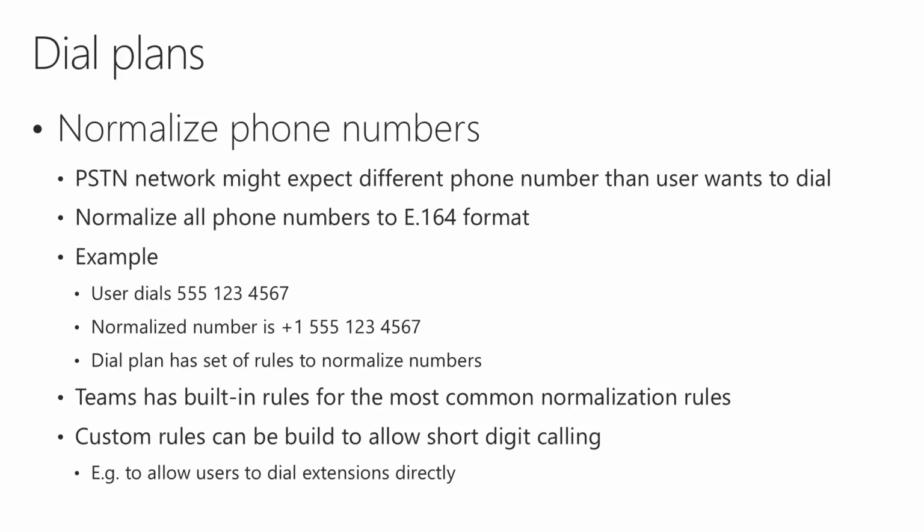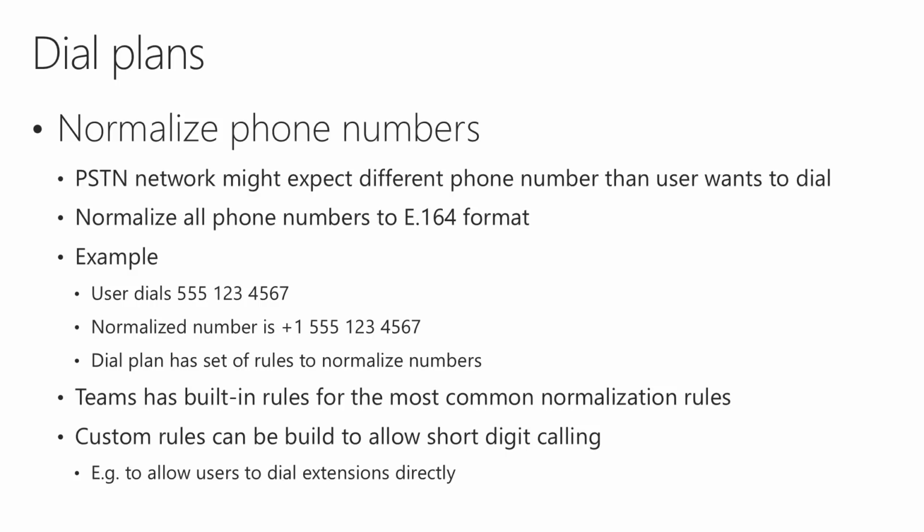However, customers can build their own rules to allow either short digit calling for internal calls or just not require users to dial local area codes. For example, if the user in this example is in area code 555, then probably they just want to dial 123 4567.